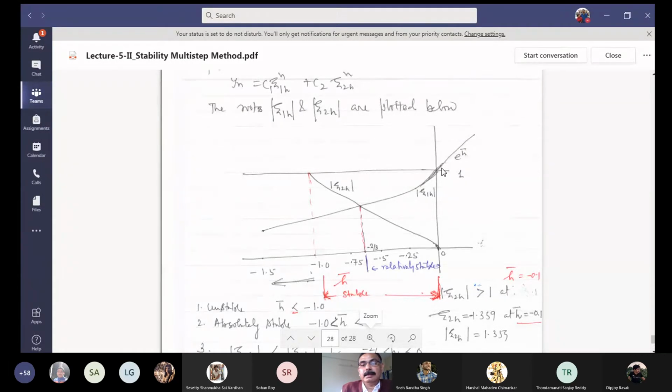Is that right? Yes, sir. Okay. Then we have to see that up to what it is not exceeding xi2h. It turns out to be up to minus 1 point. The value of xi2h bar is less than 1.